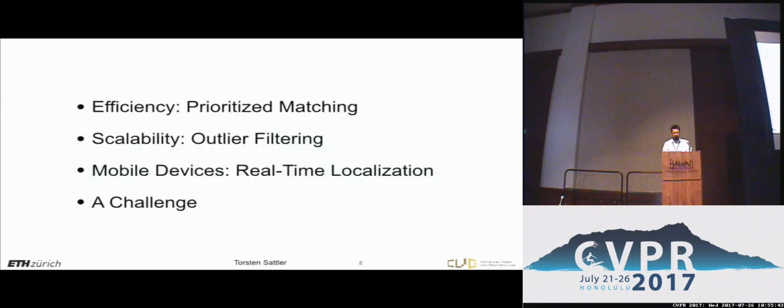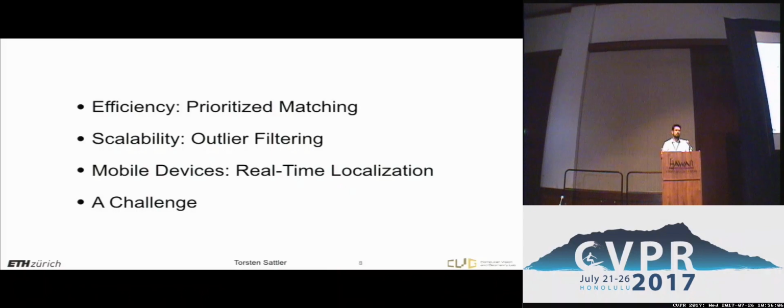Okay, I'm going to talk about a couple of things. I'm first going to talk about efficient localization based on prioritization, where the idea is you would like to get those 2D-3D matches that you need for pose estimation as efficiently as possible. The next step then is to take those approaches and scale them to large scenes, for example, city scale.